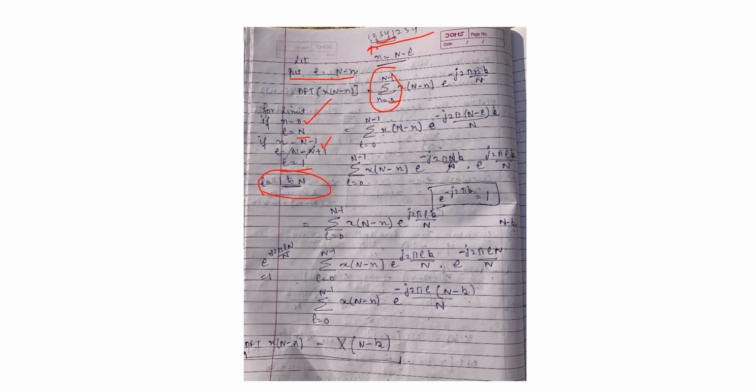Or if we write L is equal to 0 to N minus 1, then the sequence is 1 2 3 4. Means in circular the sequence will remain 1 2 3 4. You can start from here, 1 2 3 4, or you can start from 2, 2 3 4 1 is the same thing.